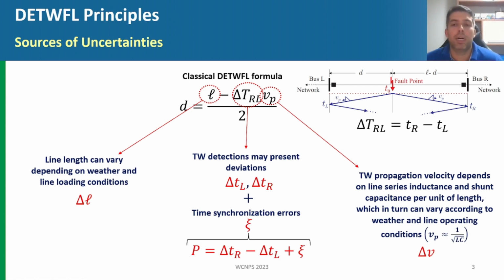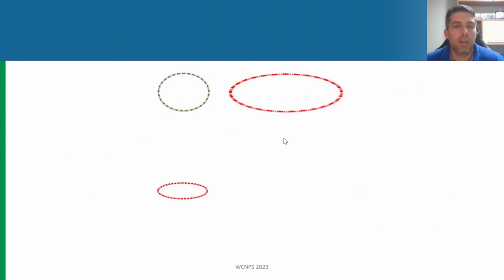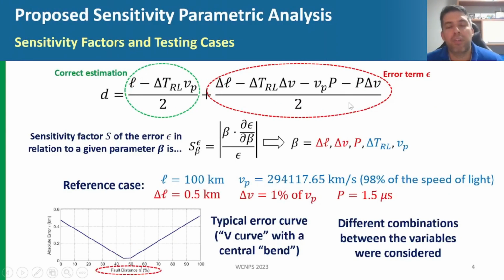So we are also considering a variable that represents errors in the VP settings, and this uncertainty factor is called here delta V. So including all these uncertainty factors into the fault location formula, one can obtain this extended formulation in which the first term represents the correct fault distance estimation and the second one represents the error term.